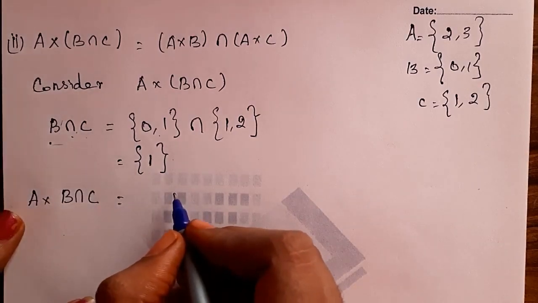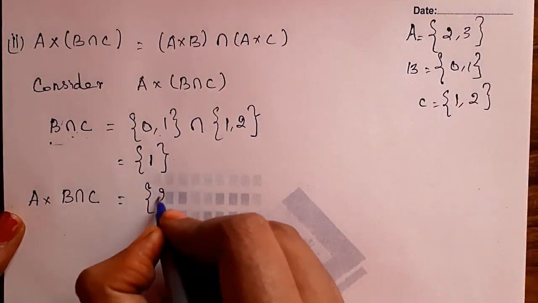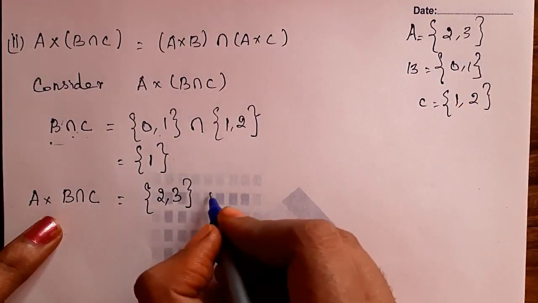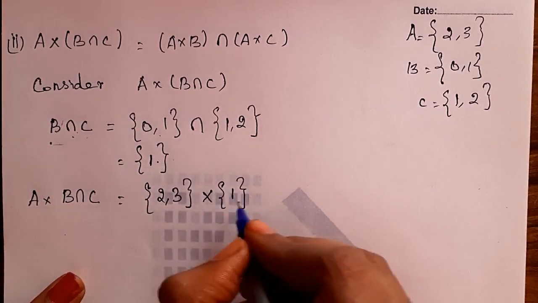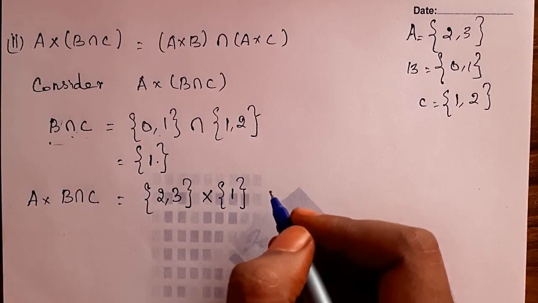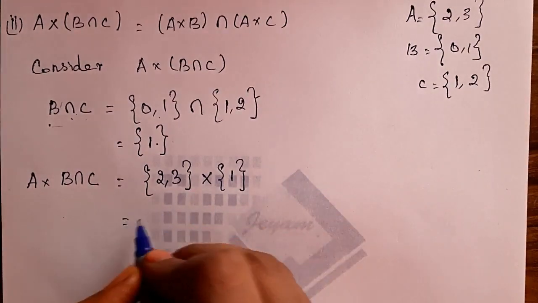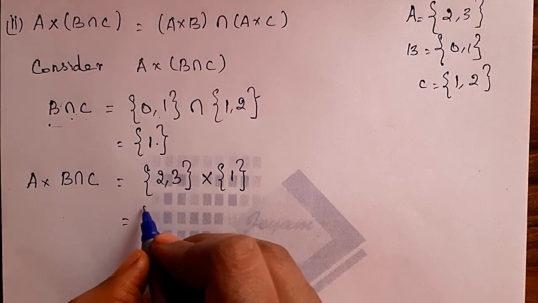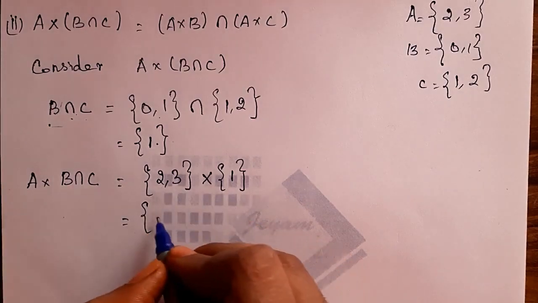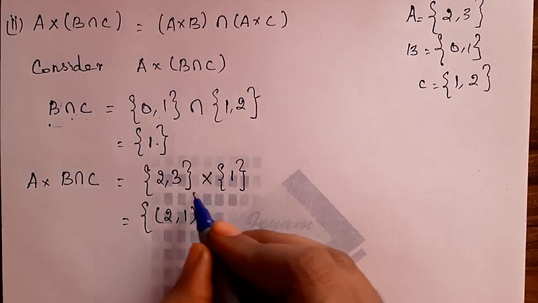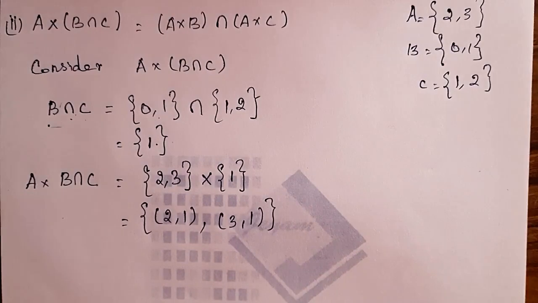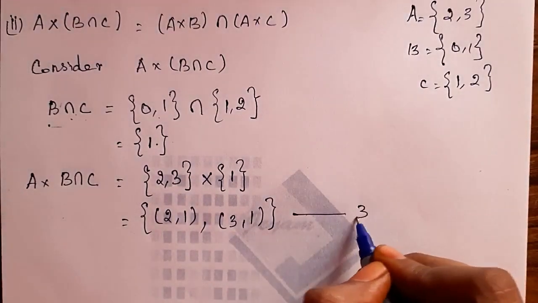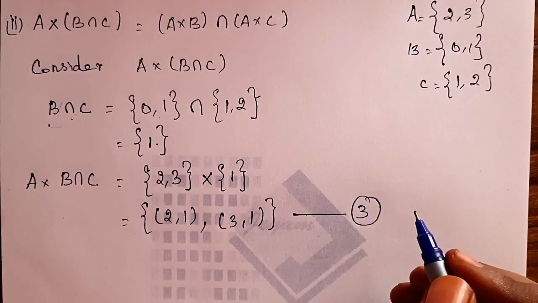A is {2, 3}, then cross, B intersection C is {1}. So we are going to do the cross product, so definitely our outcome will be ordered pairs: (2,1), next (3,1). So that's all. It is equation number 3.